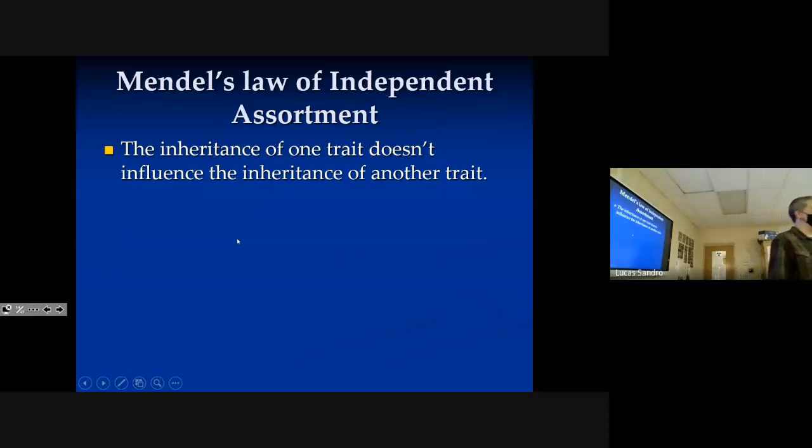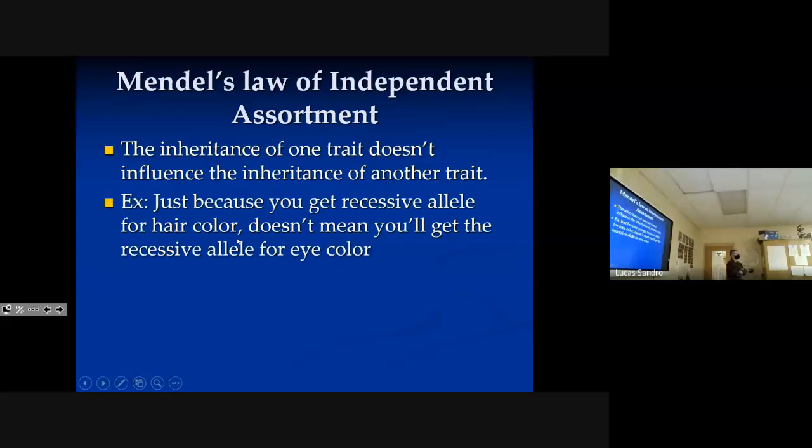And it depends on whether these genes are on the same chromosome or not, but that's later. For now, we can assume, no, they don't affect each other. Just because you get the big beef brown hair doesn't mean you get the big beef brown eyes. Which means it should be fairly easy to track 2 traits, 2 genes at once.